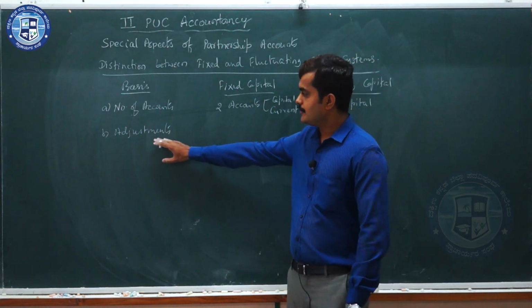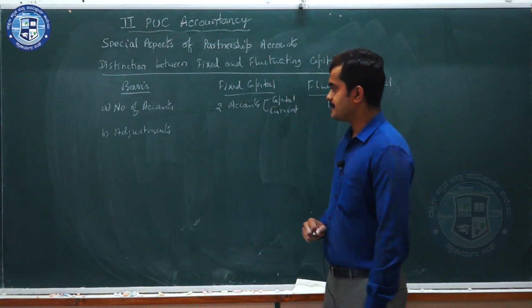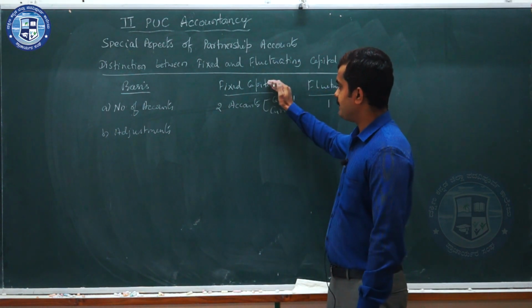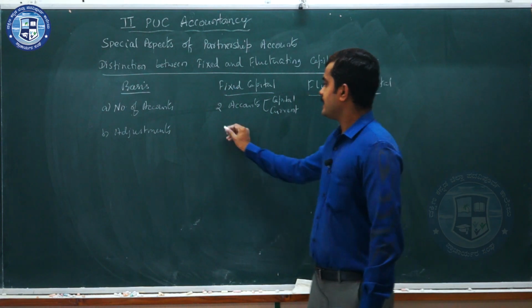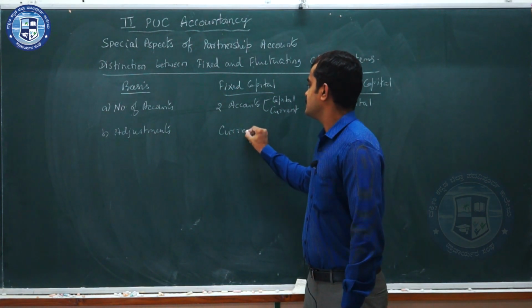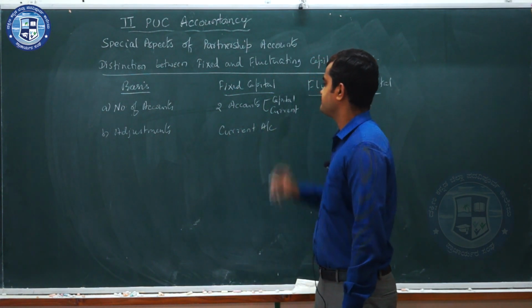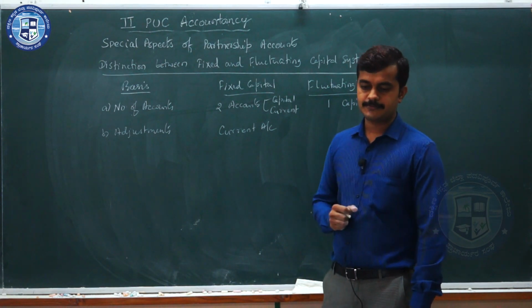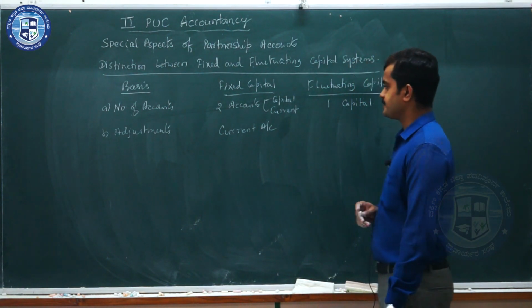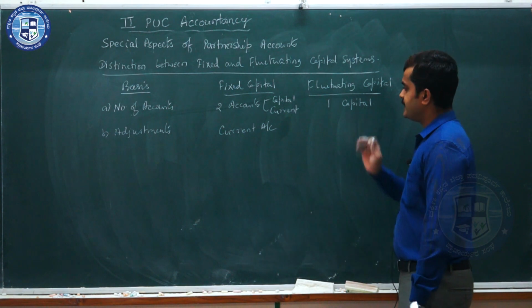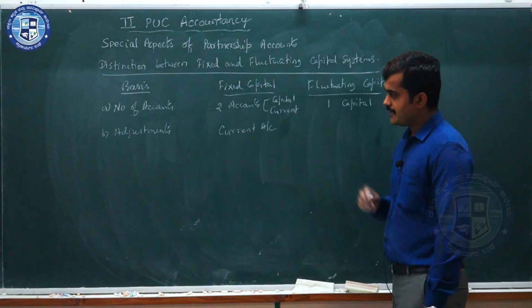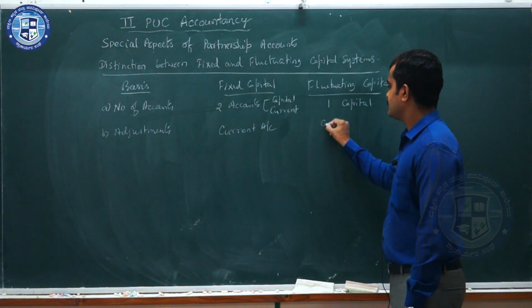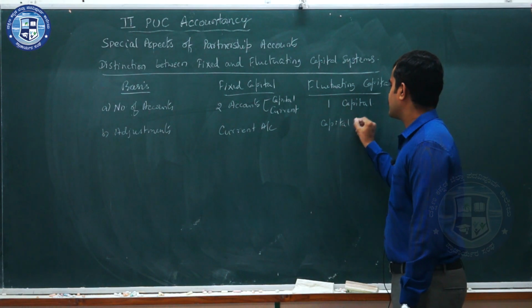So these 5 transactions or adjustments under fixed capital system will be recorded under current account. That is the second difference. Coming to the fluctuating system, those 5 transactions will be recorded under capital account only.